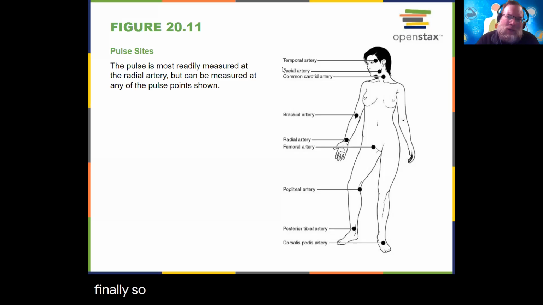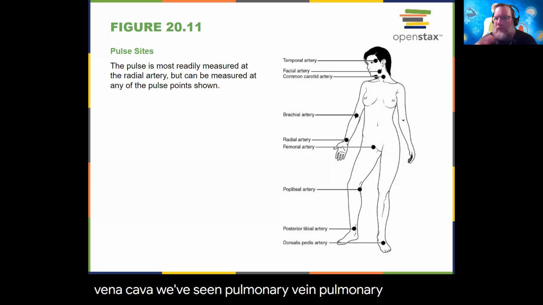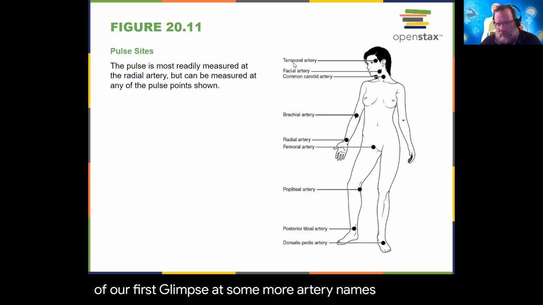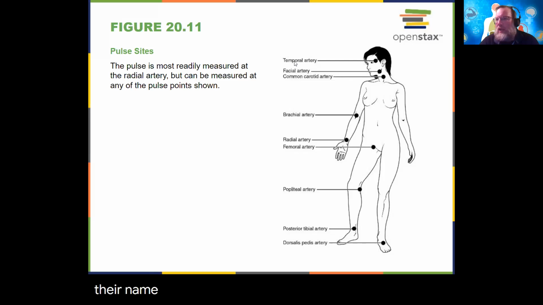So I know we've seen inferior superior vena cava, we've seen pulmonary vein, pulmonary artery, we've seen aorta, but that's about it up to now. So this is kind of our first glimpse at some more artery names. And again, they're named usually for location.